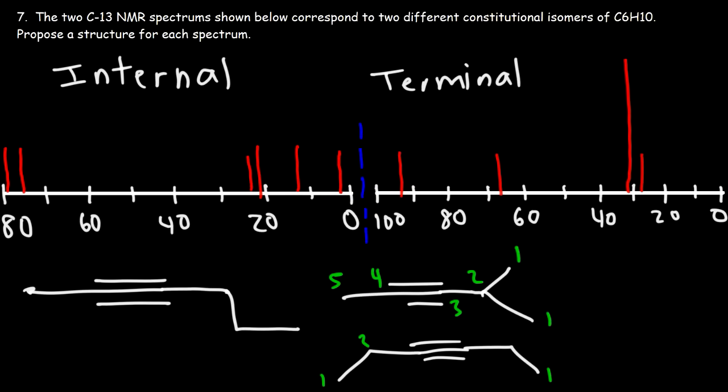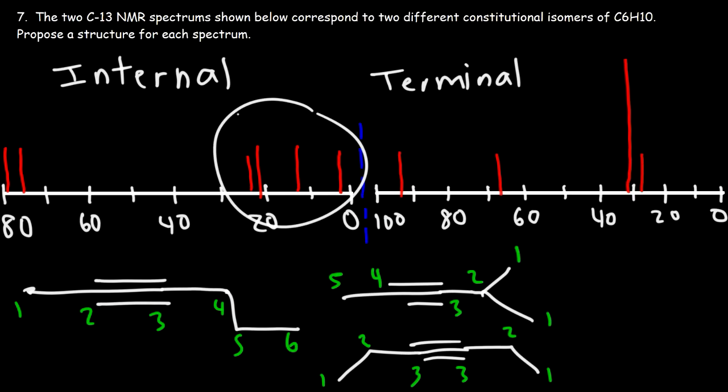These 2 are the same. Those 2 are the same. So this will give us 3 signals. This will be 1, 2, 3, 4, 5, 6. All of them are different. And so this could work. We can't really use the tert-butyl group because, for one thing, we don't have a tall peak here. So that's another indication that we don't have any equivalent carbon atoms.